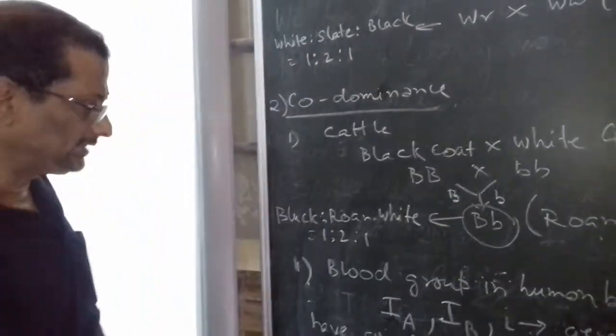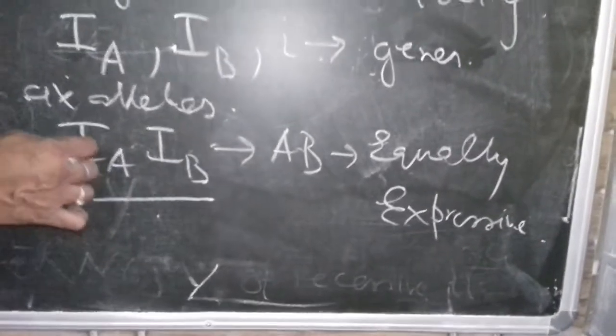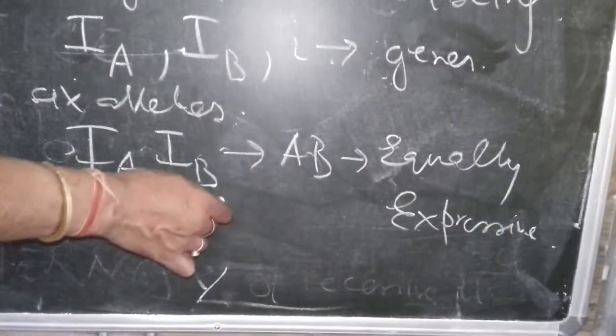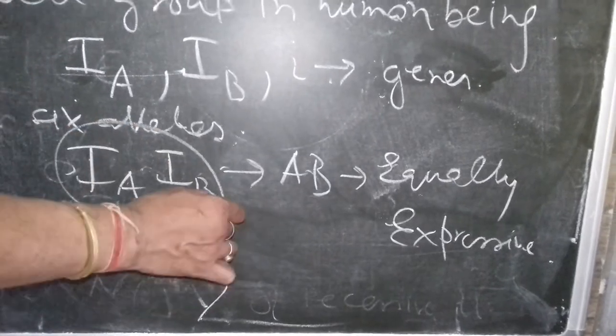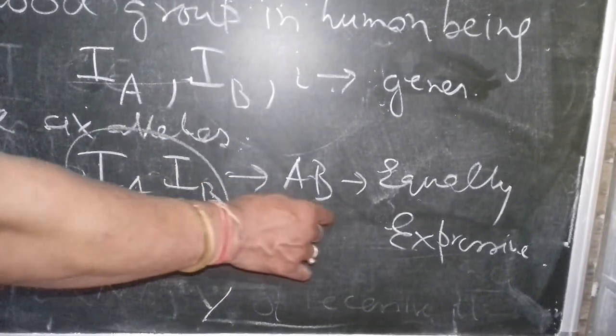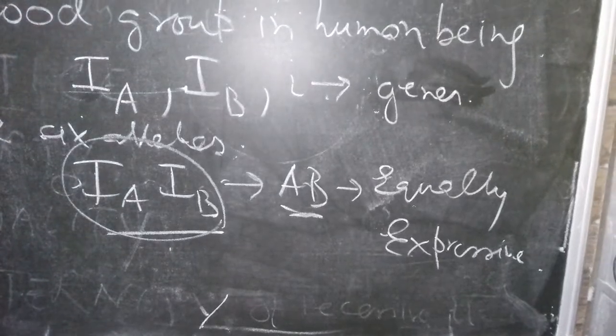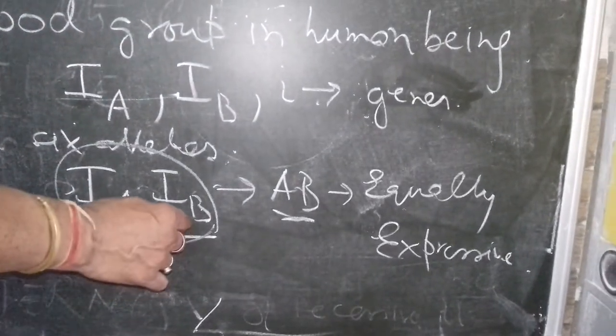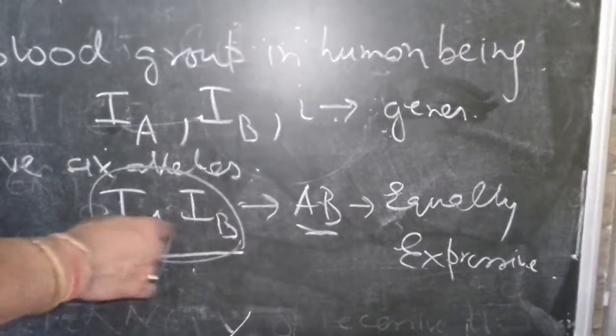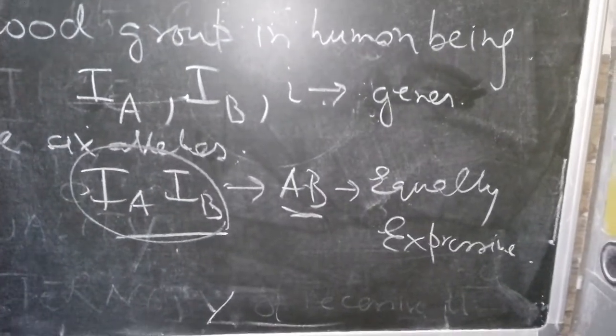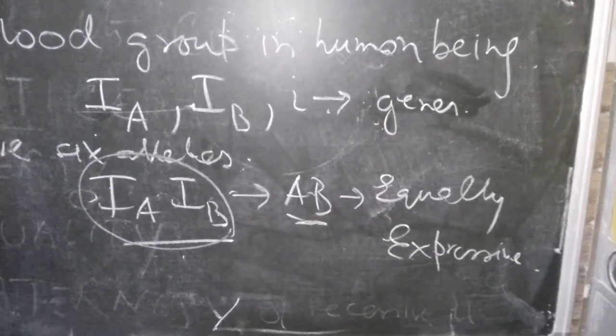But codominance is seen when we have 2 genes like IA and IB existing together. They are expressed as AB. So that means here A and B are both expressive.